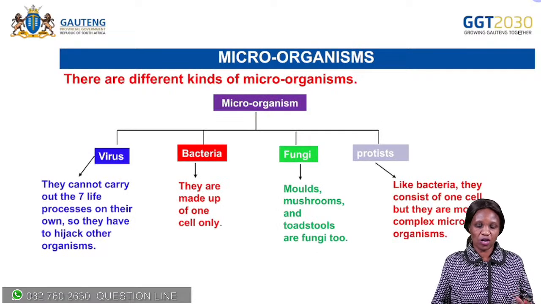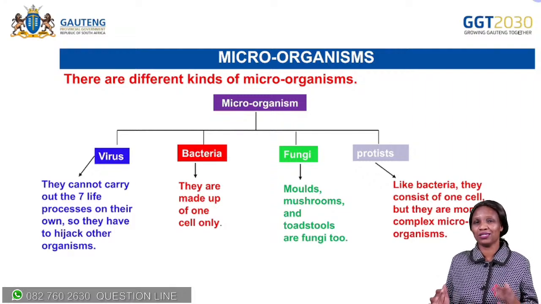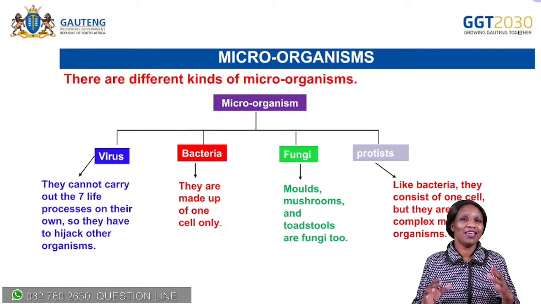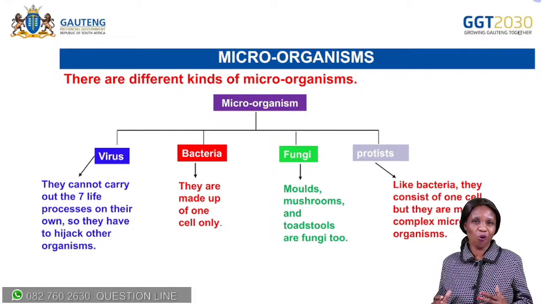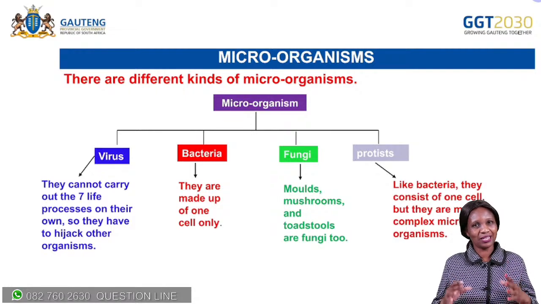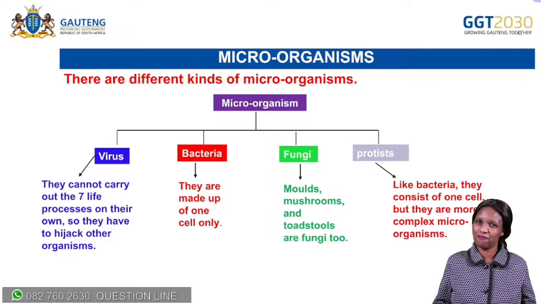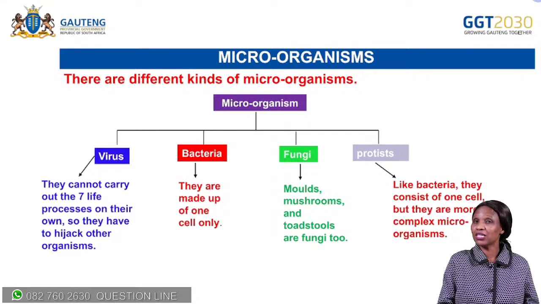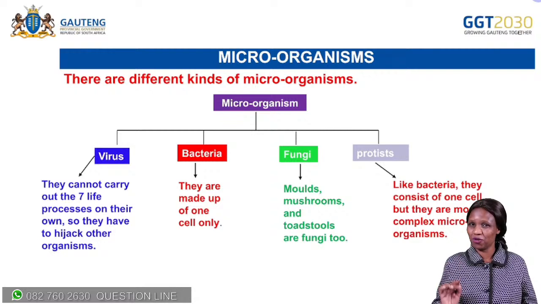For example, if we are looking at viruses, remember what we said about viruses. They depend on the host to survive. Do you get that? They cannot carry out the 7 life processes.